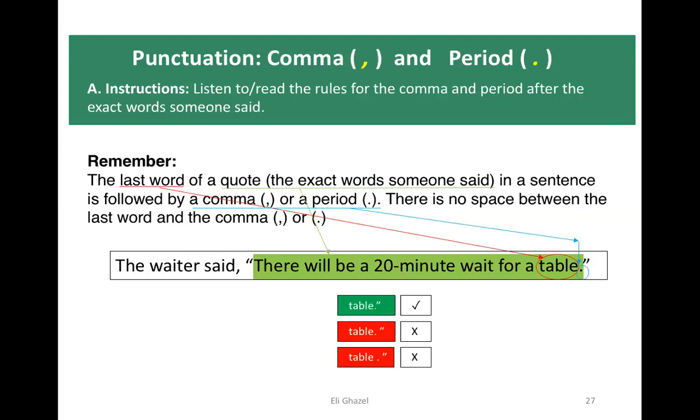However, not table, period, space, quotation mark, or table, space, period, space, quotation mark. I am emphasizing these because I've noticed a lot of written or typed documents that have these mistakes. And it can be very irritating, this non-conformity to exact and precise punctuation.